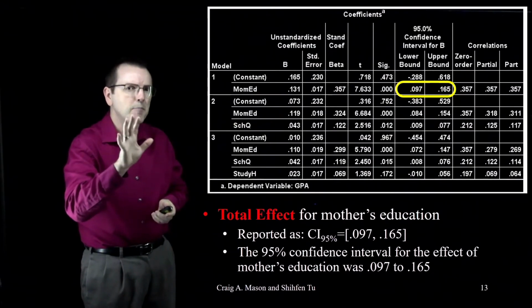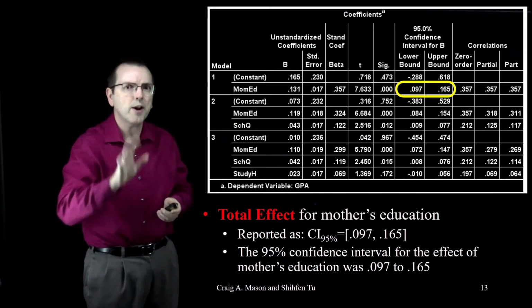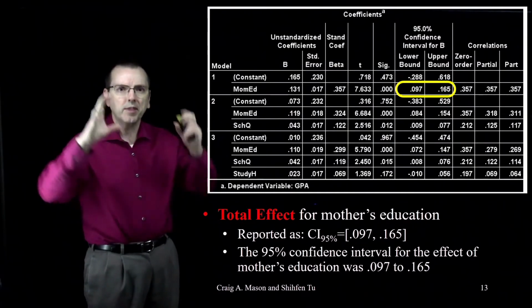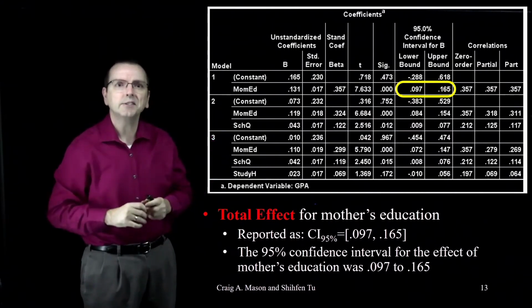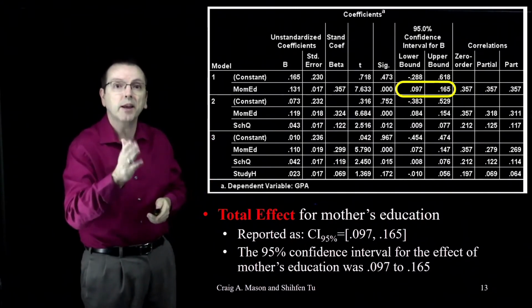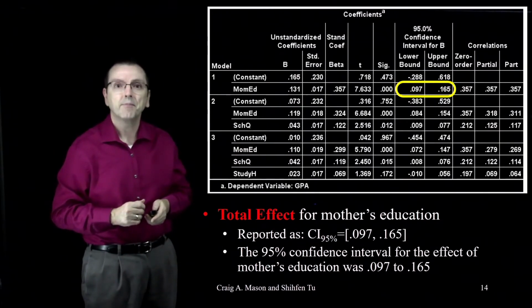But let's take a step back for a moment and do a little refresher on this, just to prime ourselves again. Remember that that 95% confidence interval is the range of values where we think the true population value lies, right?